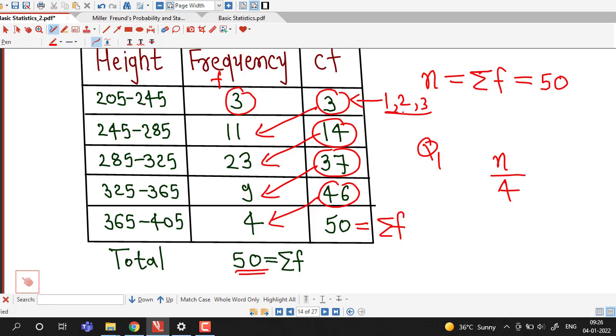Then candidates number 4, 5, 6 up to 14 will have height between 245 and 285.